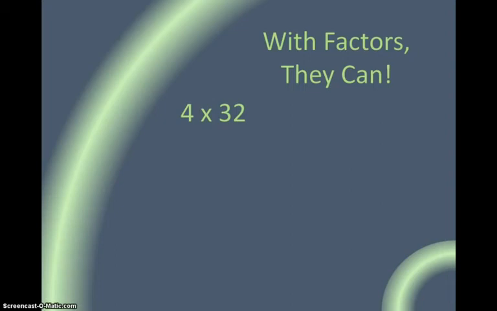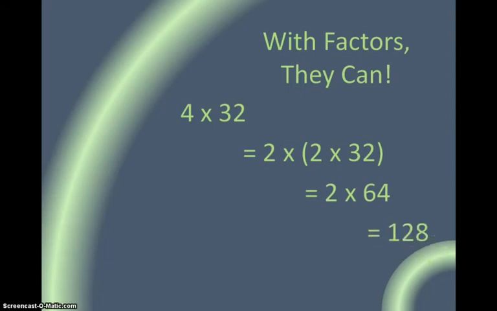Okay, so using that principle, I'm actually going to recognize 4 as the product of 2 times 2. But what I'm going to do is regroup the second 2 with the 32. In this case, I'm doubling 32. 32 doubled, 3 doubled is 6, 2 doubled is 4, so that's 64. Now I'm doubling 64. 6 doubled is 12, 4 doubled is 8, so that's 128.